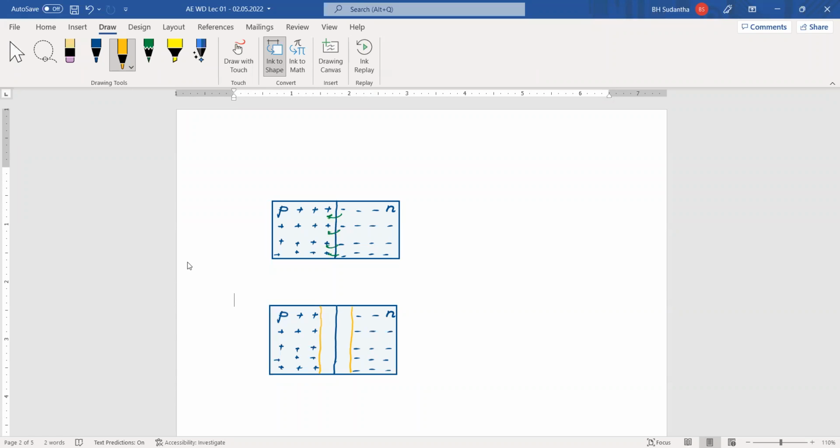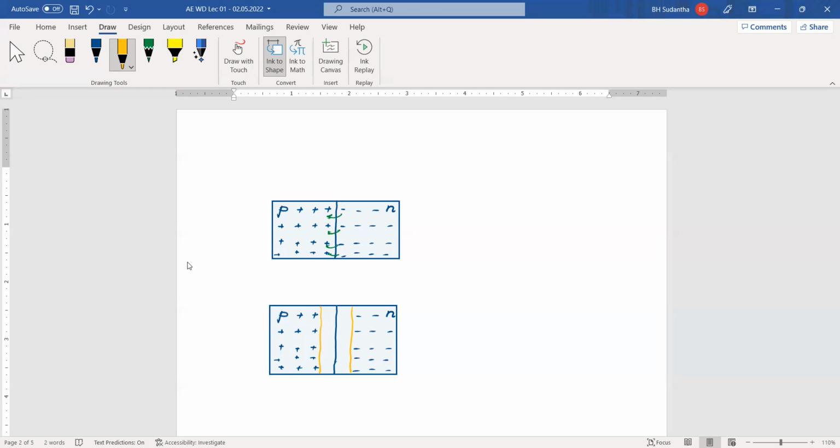Because of this, we have a certain region, a certain gap here. Then this electron does not have much more energy to go to the other side because of this distance.